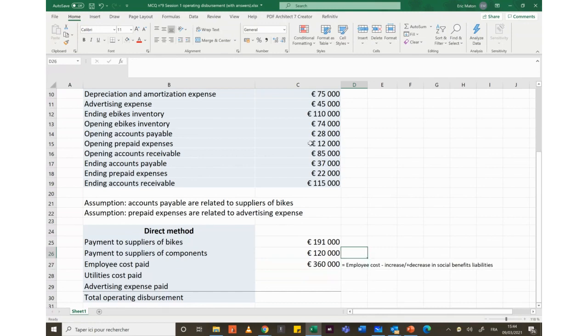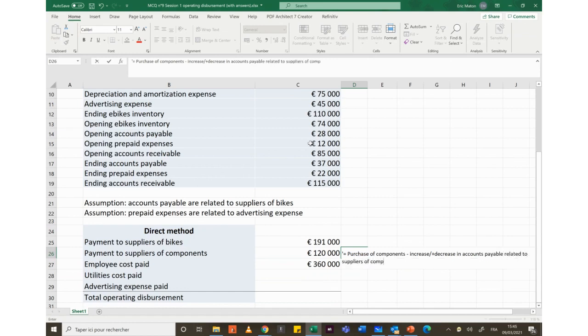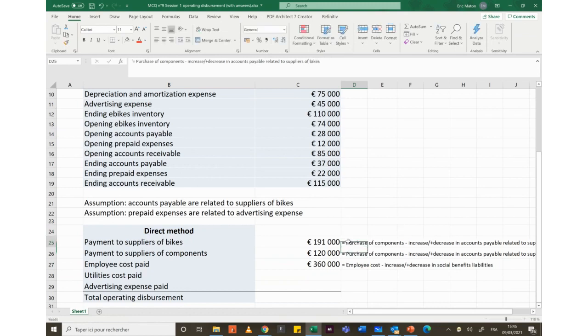For the payment of suppliers of components, normally the purchase of components minus the increase plus the decrease in accounts payable related to suppliers of components. The bike is the same, but here now it's suppliers of bikes. Bikes and purchase of bikes.